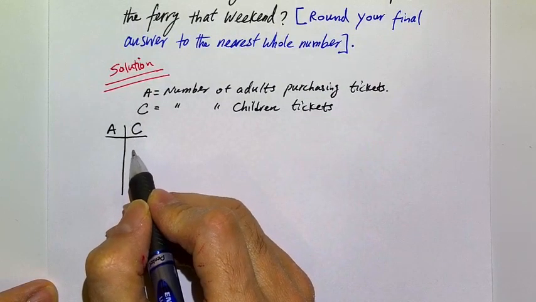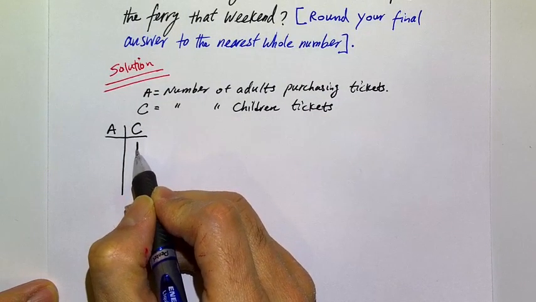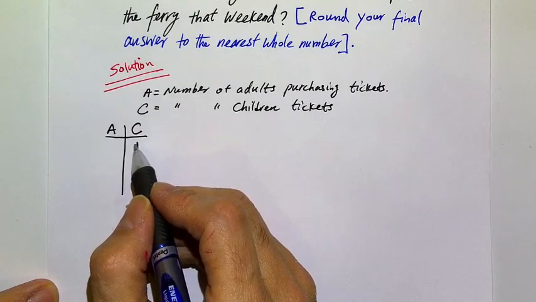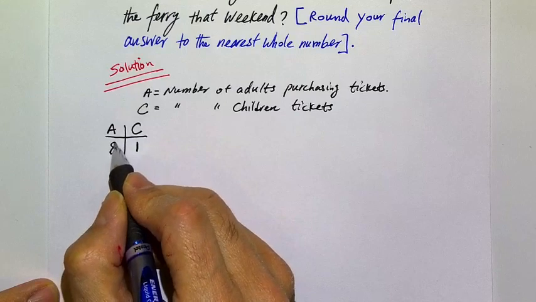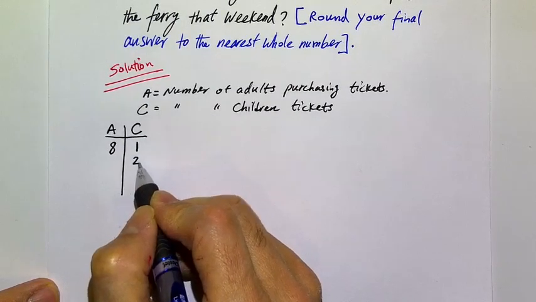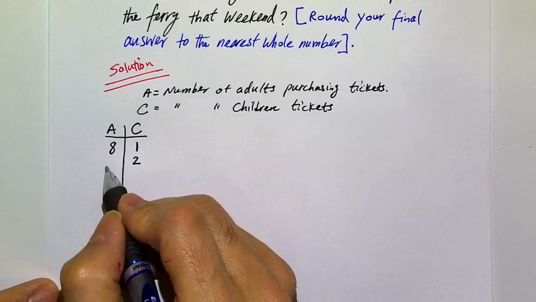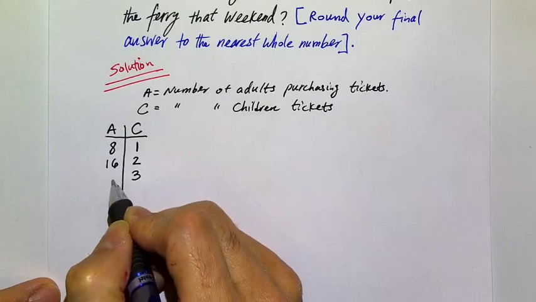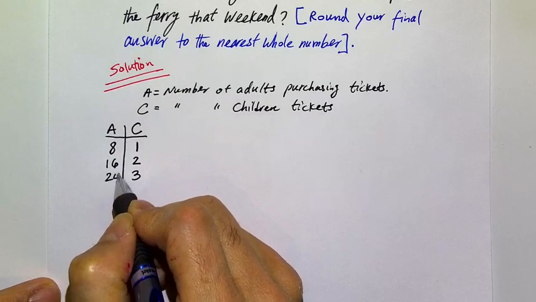So that means if one child purchased a ticket, if there was one child on the ferry, then 8 adults were on the ferry. If there were 2 children present on the ferry, then there were 16 adults. If there were 3 children present, then 24 adults were present.